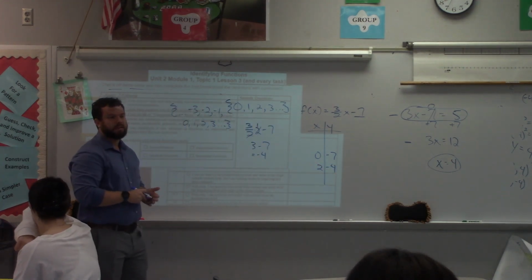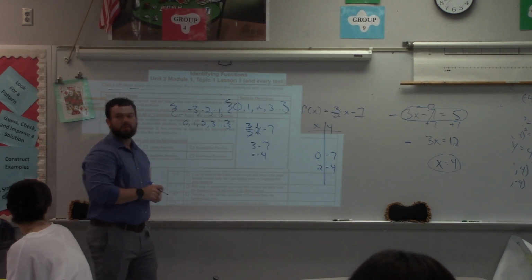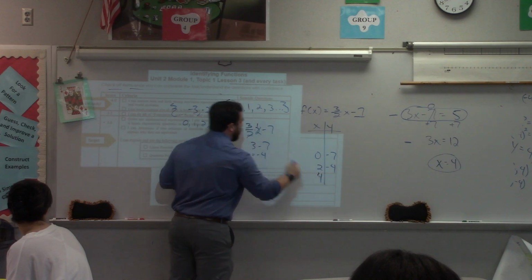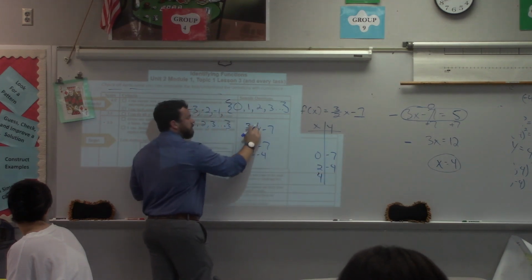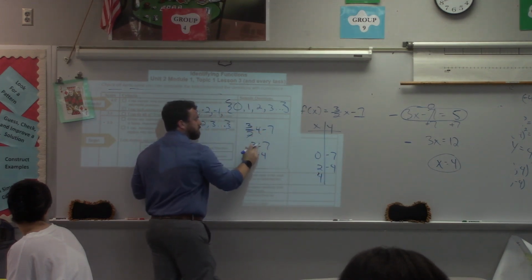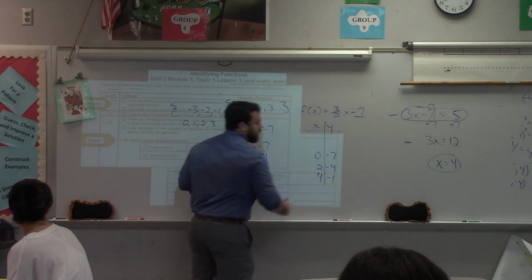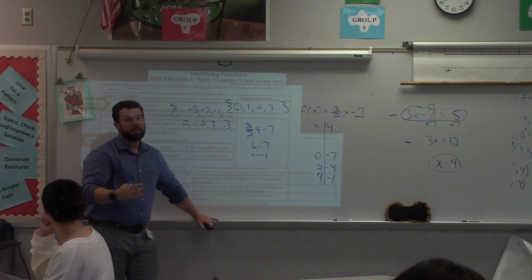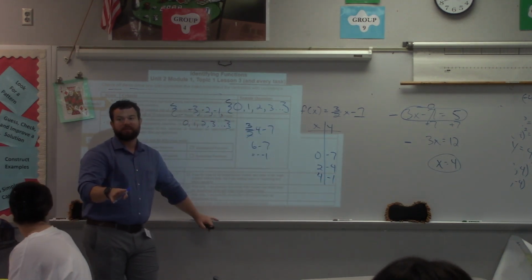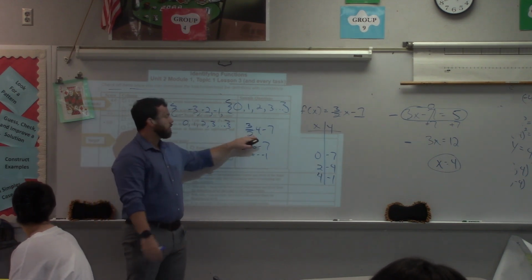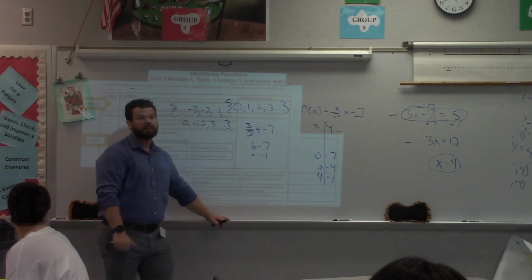You know what the next x value I might use is? 4. Because I noticed that what am I doing with this fraction bar? I am dividing. So, Mr. Kennedy, I could just say over, you could, but if you recognize that as division, it's going to help you be intentional about your inputs.